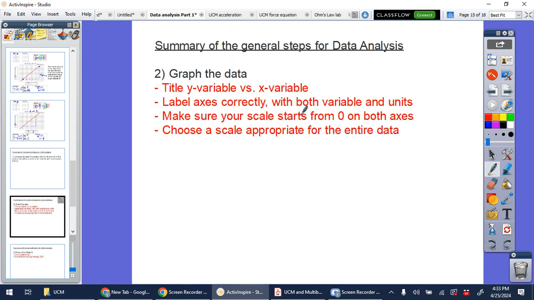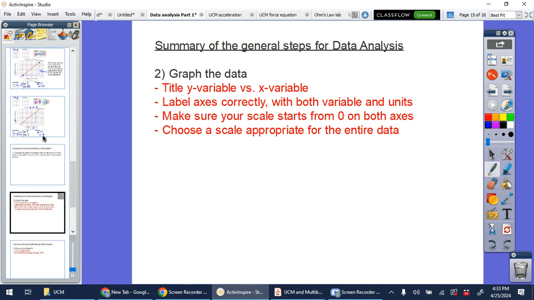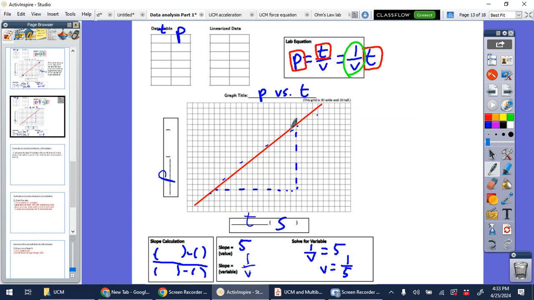Make sure your scale starts from 0 on both axes. You want to choose a proper scale when you're plotting these dots. What do I mean by that? The way you choose a scale is to think about what's the biggest number you're going to plot.